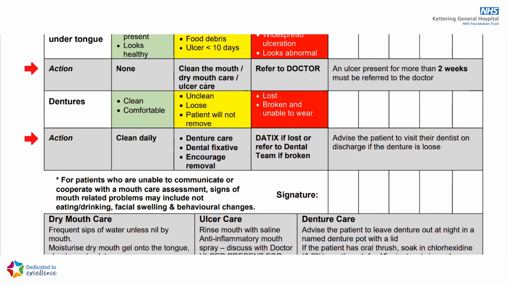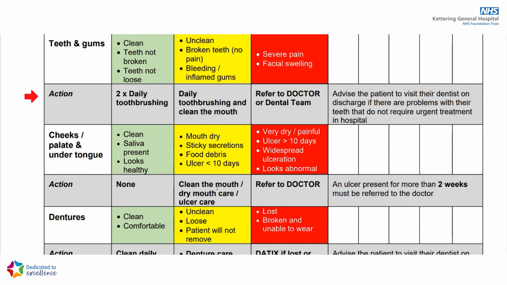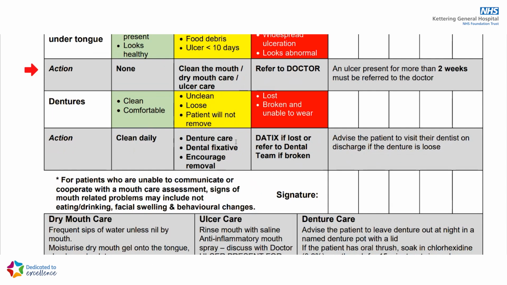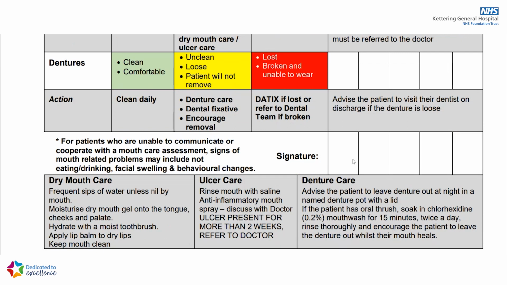And so for this lady, she will need dry mouth care, teeth brushing twice daily, clean the mouth and dry mouth care again, and ulcer care. She'll also need denture care. We need to encourage dental fixative and encourage removal of her teeth. So we're going to sign when we've finished the assessment.